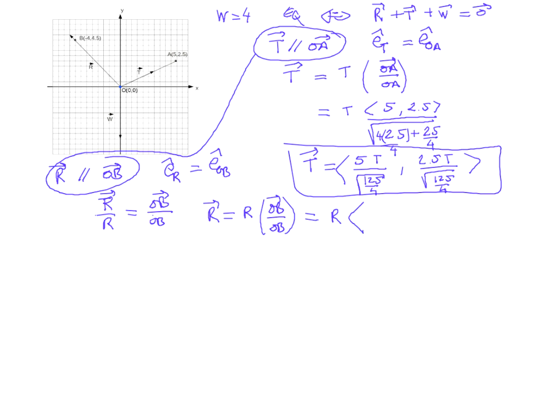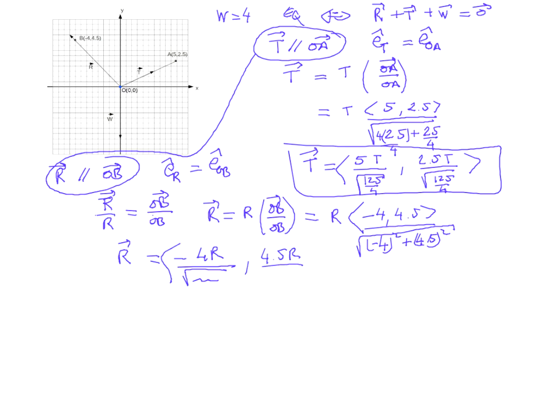OB is going to be B minus O, so negative 4 and 4.5, divided by the square root of negative 4 squared plus whatever that is. And again, we have expressed R in component notation. Negative 4R, we keep R as an unknown with that ugly square root, and then 4.5 times R divided by that ugly square root.